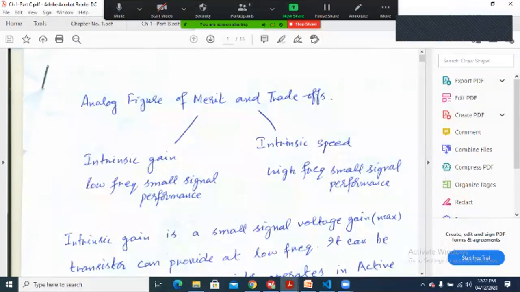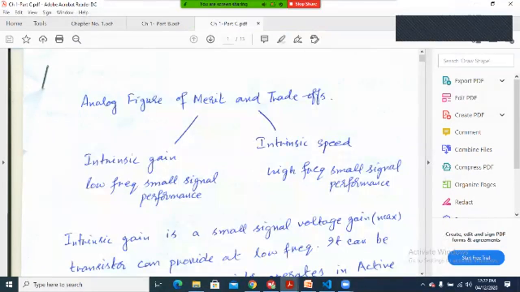In the last lecture, we discussed the low frequency small signal model and high frequency small signal model. Basically, the low frequency model helps us calculate the intrinsic gain of the transistor, and the high frequency model helps us calculate the intrinsic speed of the transistor.